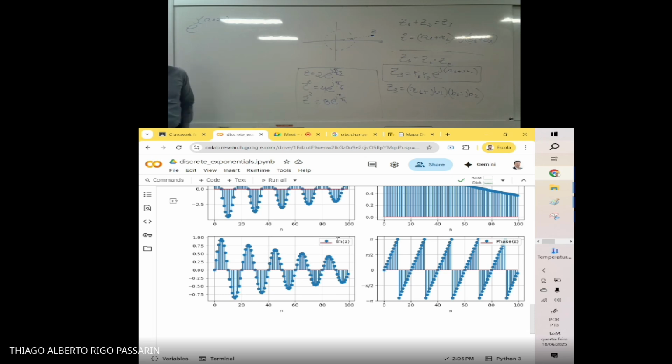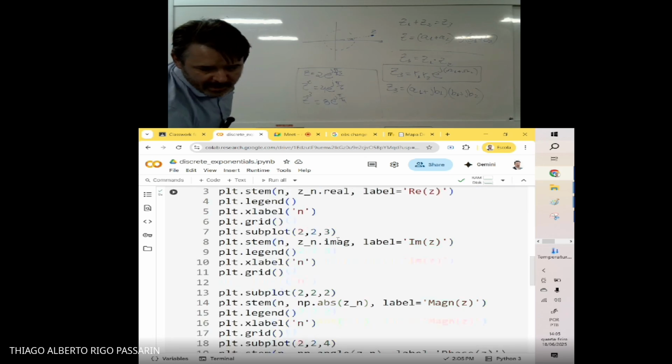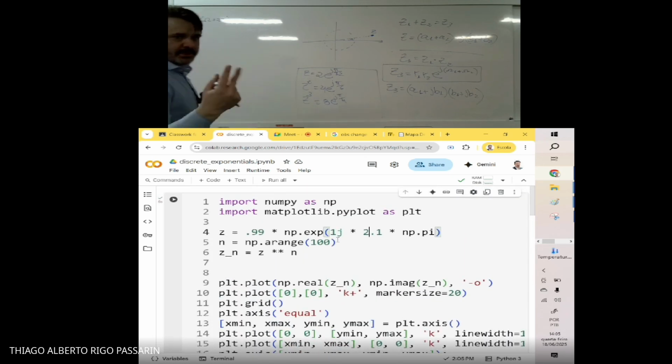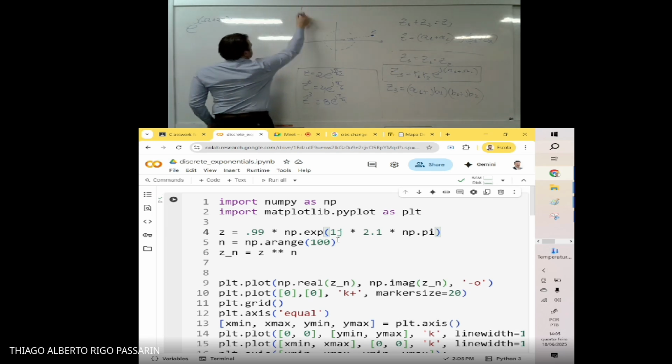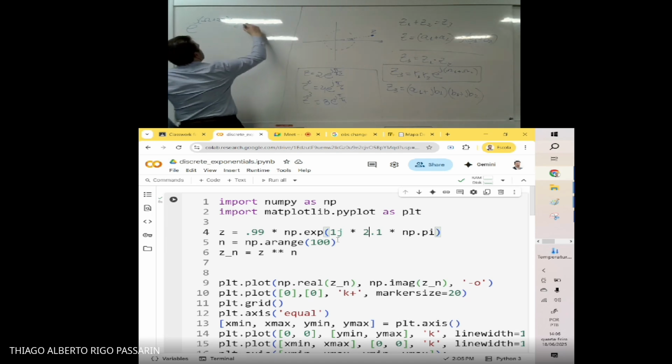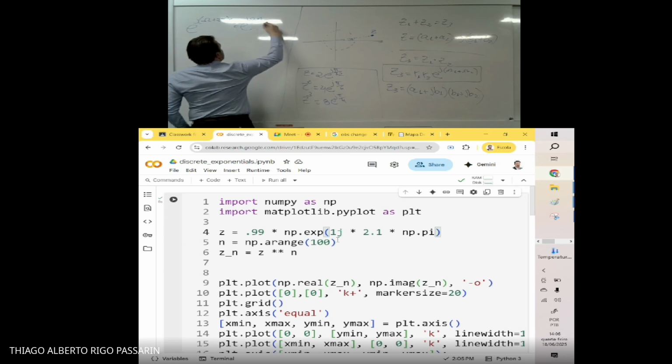That's what I did, because I had something times 2 pi, and I added 2 to it. So I'm adding 2 pi to the frequency times n. We can separate this as e to the j omega n times e to the j 2 pi n.